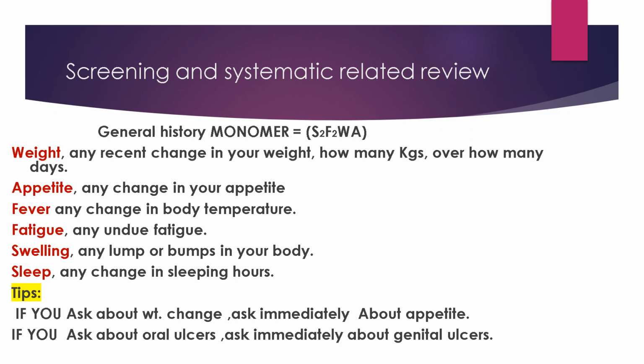The W stands for the weight, and A stands for the appetite. You can ask about the weight, ask him about any recent change in the weight, how many kilos, over how many days. Ask about the appetite, any change in your appetite. Ask about the fever, any change in the body temperature. Fatigue, any undue fatigue. Swelling, any lumps or bumps in your body. Sleep, any change in the sleeping hours.